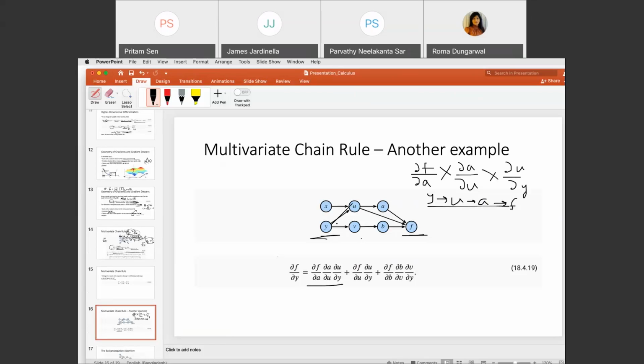Then the path is y to u, u to f. So change in f for u, change in u for y. Another path is this one, y to v, v to b, b to f.